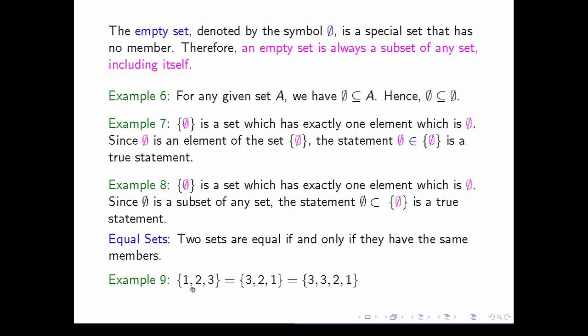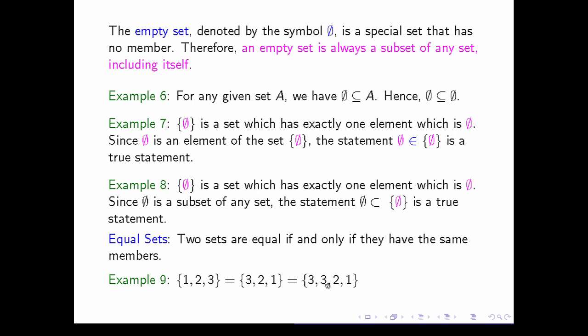Okay, so here in example 9, the first set has 3 elements, 1, 2, and 3. The second set also has 1, 2, and 3. Although they are written in a different order, it doesn't matter in set notation. Now, in the third writing here, you can see 3, 3, 2, 1.